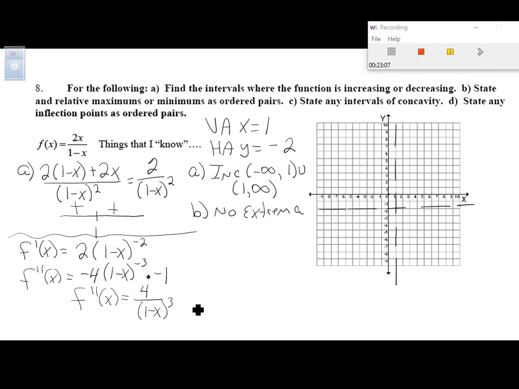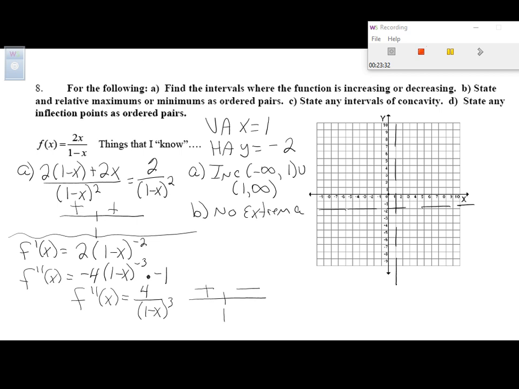So my only possible inflection point is at 1. If I plug in a 2, I got 1 minus 2, which is -1. -1 cubed is negative. 4 over a negative is negative. And if I plug in a 0, I've got a positive.